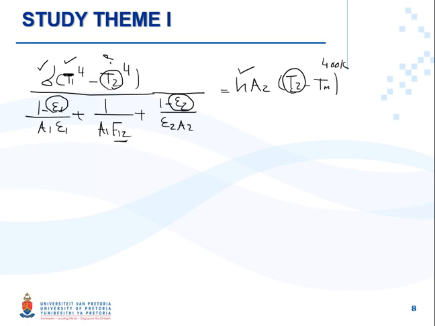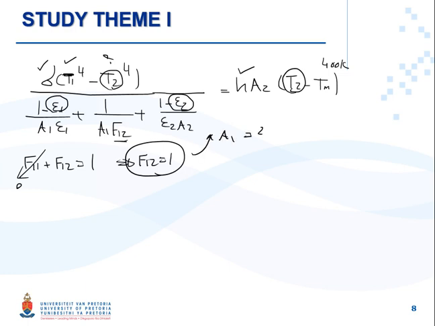And F12. To calculate the view factor, we say that F11 plus F12 is equal to 1. Very simple. F11 is 0, plane surface, so F12 is equal to 1. We have calculated that easily. A1 was equal to 2RL, A2 is equal to piRL.